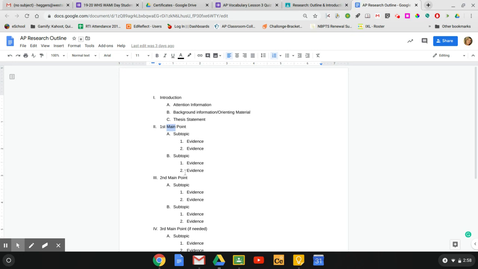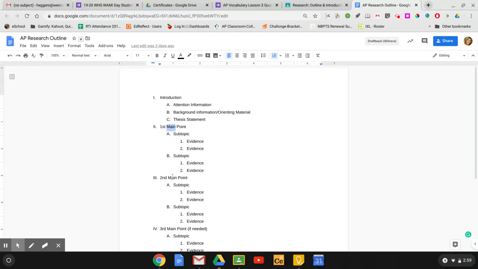And then I may have a couple of subtopics that say like smartwatches, Fitbits, any other types of wearable technology. And then I'm going to use some evidence to help support what those things are. My second main point, I really want to get into the argument for sure. And so you may want to talk about the benefits, weigh the benefits and the risks.